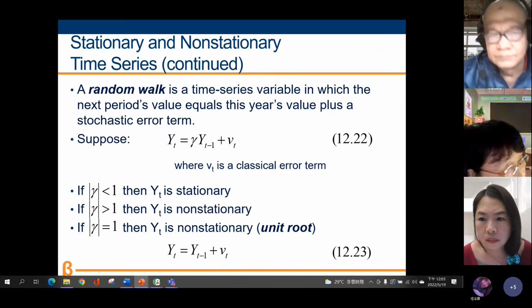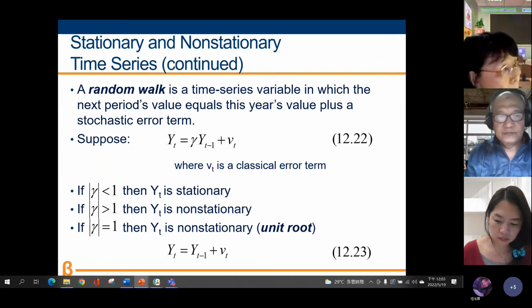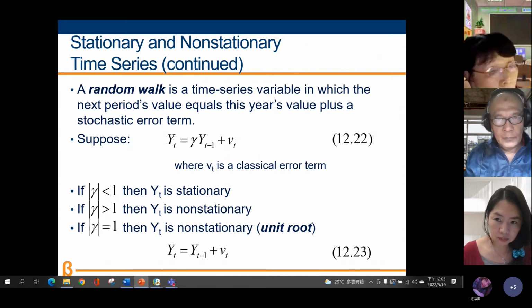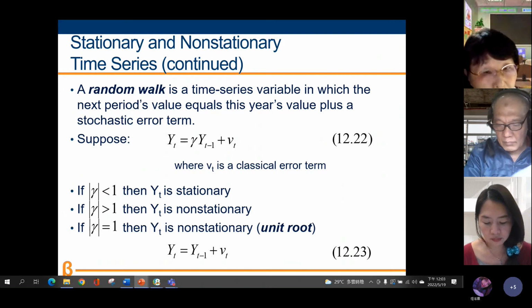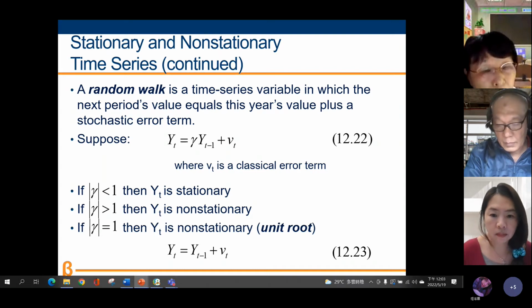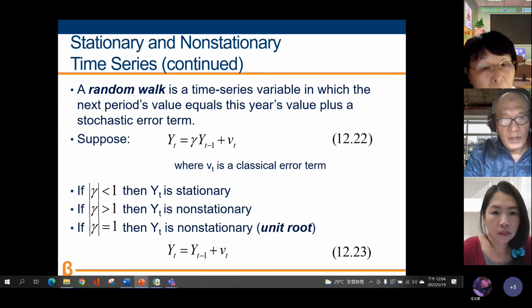Well, again, it depends on the variables and the behavior of the study, and most of the time we know the number of lags from theory.